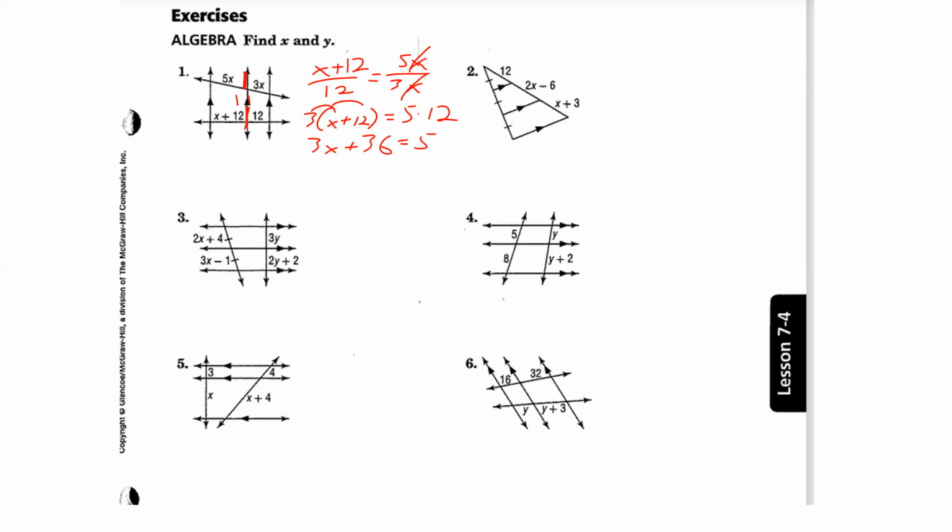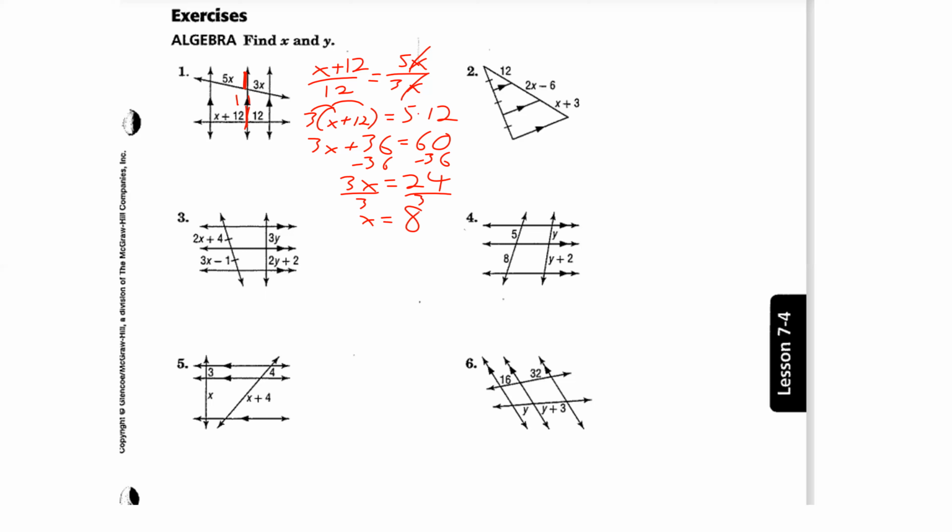So 3x plus 36. 5 times 12 is going to give us what? 5 times 12 is 60. Now we can solve for x. Get our 36 over to the other side. It was adding, so we have to subtract it. 24. Divide off the 3, and x is what?